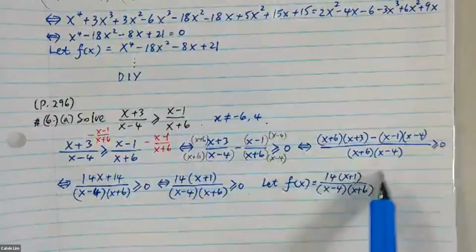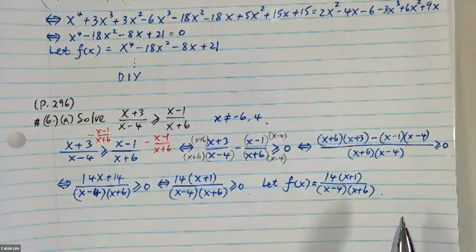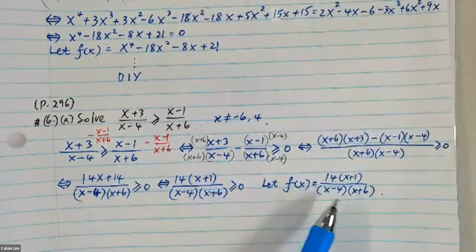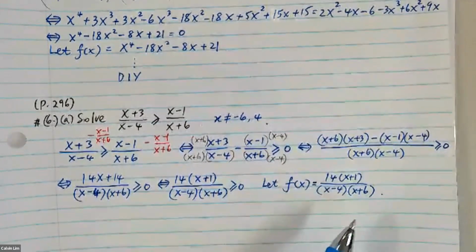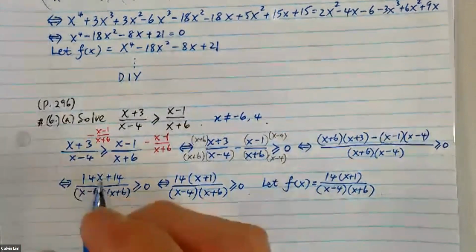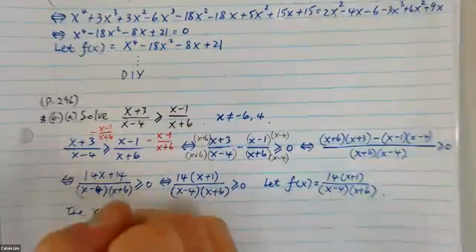Picture this rational function f of x. It's quite a simplistic rational function. When you're solving an inequality, we are only interested in the x-intercepts, as with a polynomial, but in a rational function we also have to deal with vertical asymptotes. Those are the only two things you have to deal with.